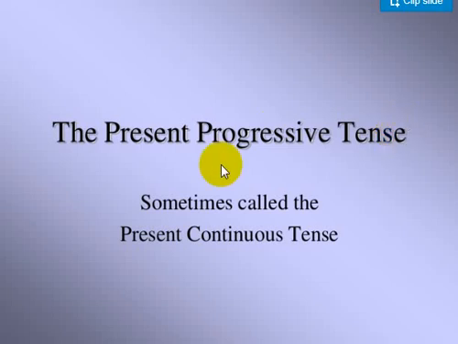The present continuous or the present progressive tense. We said the present simple talks about fixed timetables or fixed situations, permanent actions, permanent situations, or talks about habits, repeated actions, and so on.